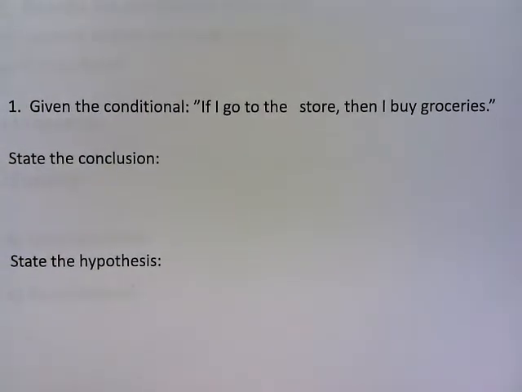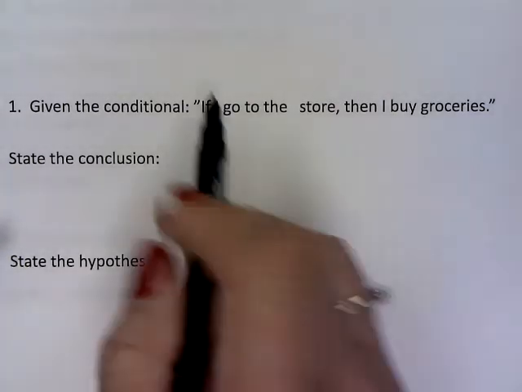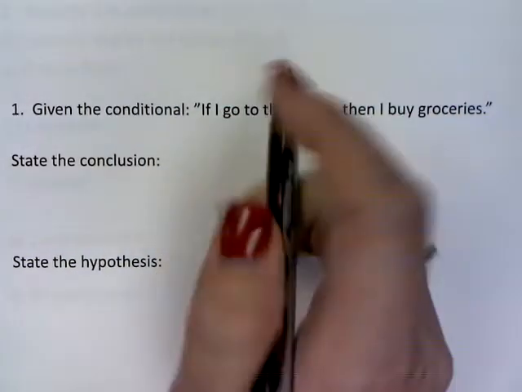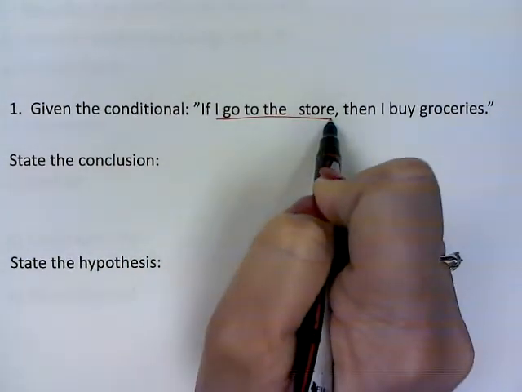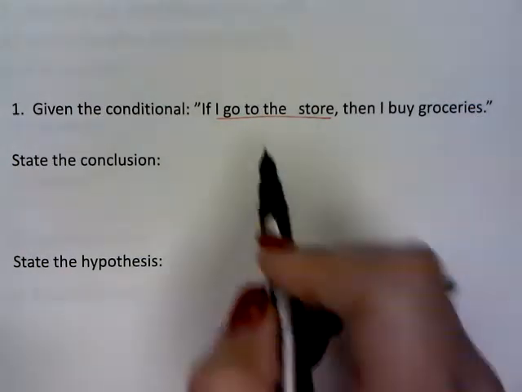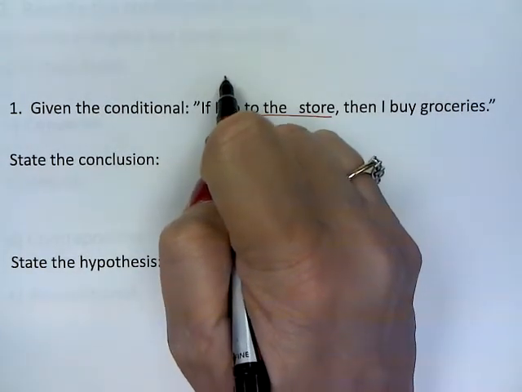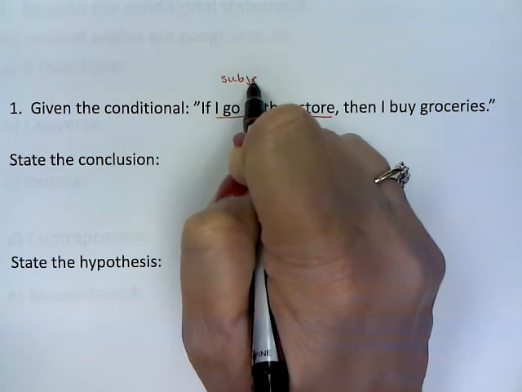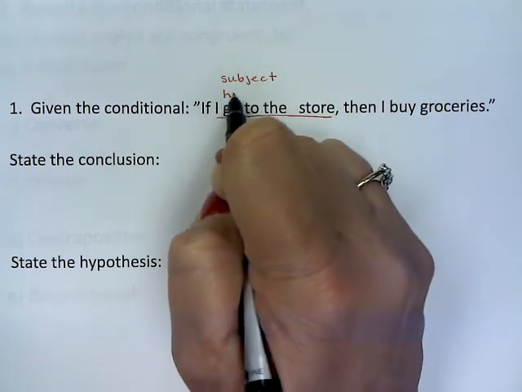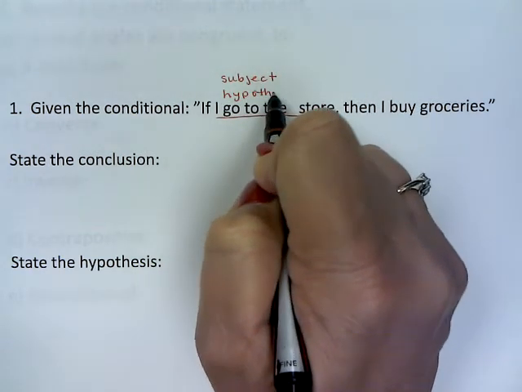Okay, given the conditional statement, if I go to the store, then I buy groceries, I want to state the conclusion and I want to state the hypothesis. First of all, when I'm looking at this if-then statement, everything after the if is the subject of my sentence and it is my hypothesis.